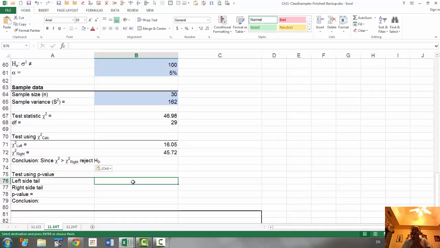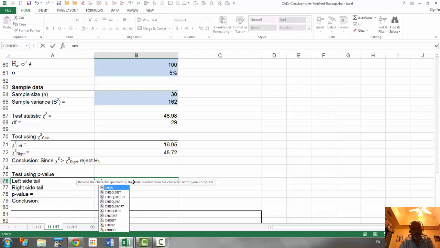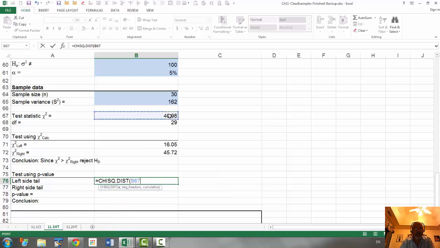Now when we do the p-value for chi-squared, it's a little bit involved. You have to look at both the left and the right side tail and select the smaller of the two when you have a two-tailed test. So we have to calculate both. First, chi-squared dist of the test statistic and degrees of freedom.